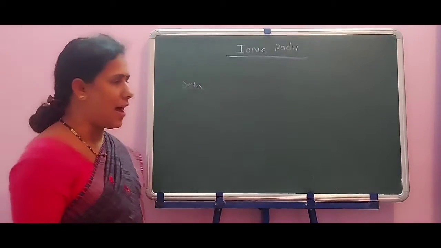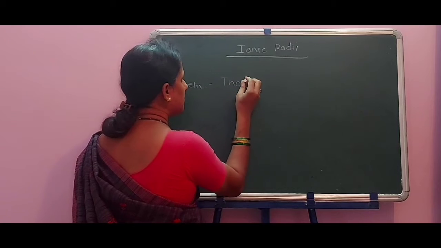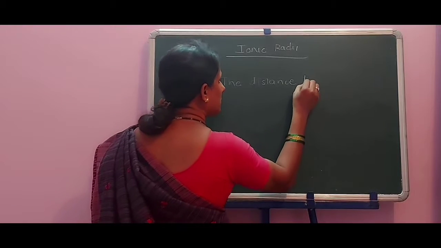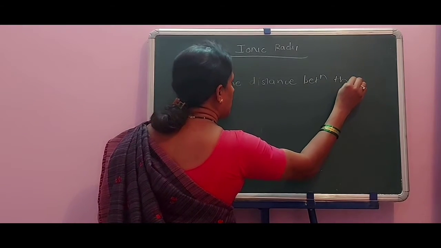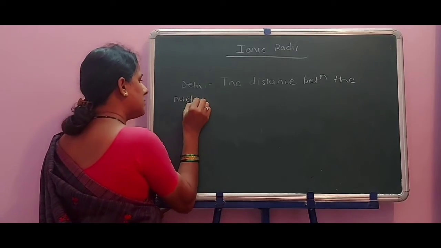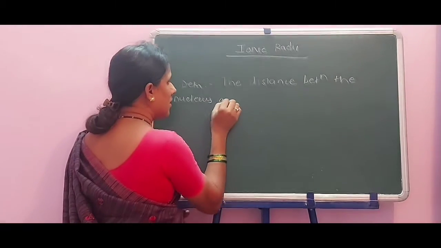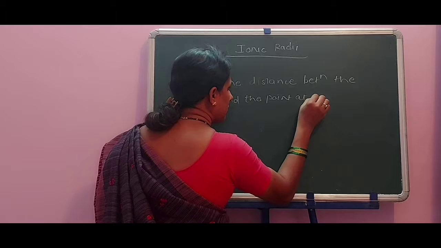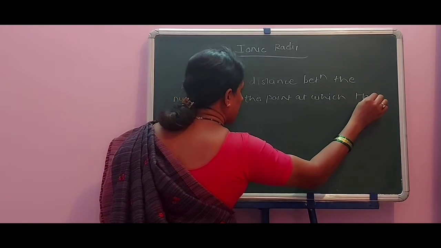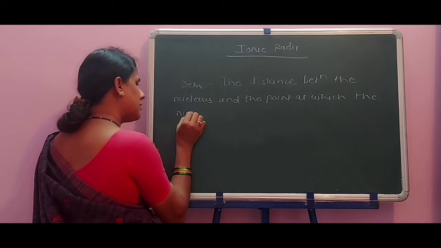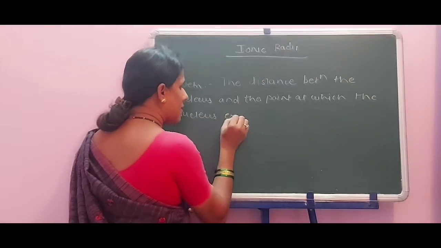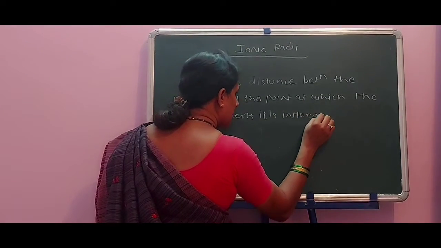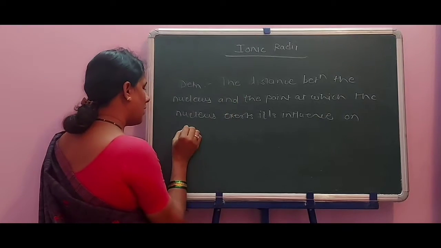Ionic radii is defined as the distance between the nucleus and the point at which the nucleus exerts its influence on the electron cloud.